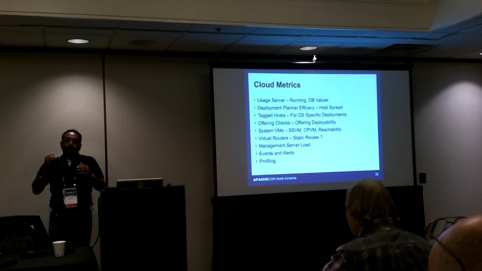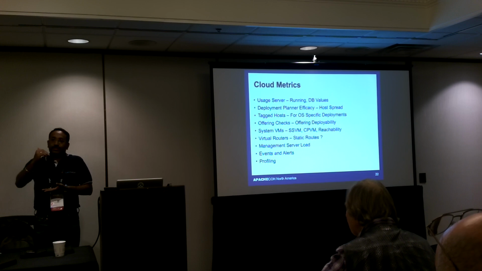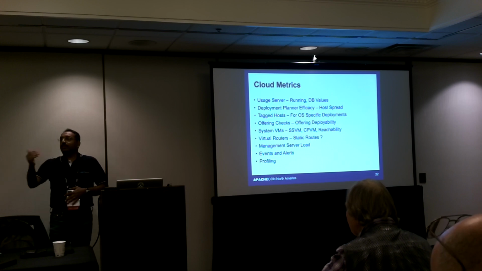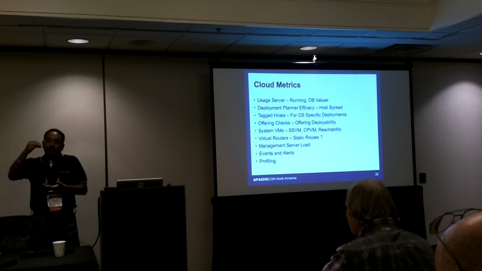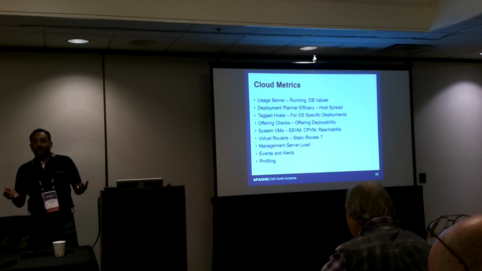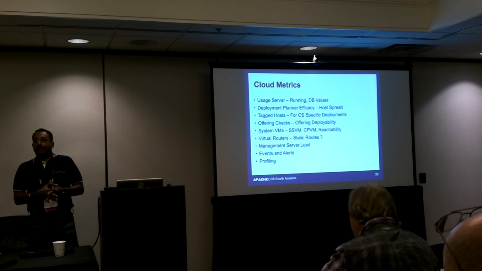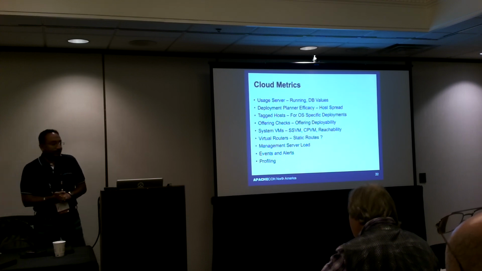So we have our rules. For example, in Xen server, more than 16 cores is not supported. So we have those checks in place: if a new offering is created, it should not be more than 16 cores. The gigahertz cannot be more than the gigahertz of the underlying hosts, etc.